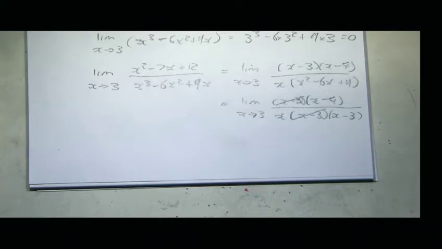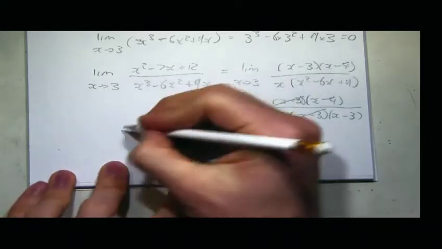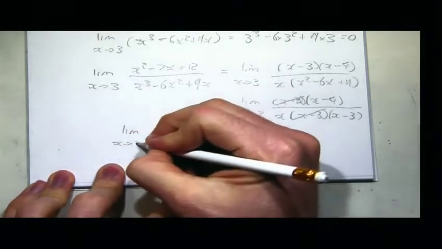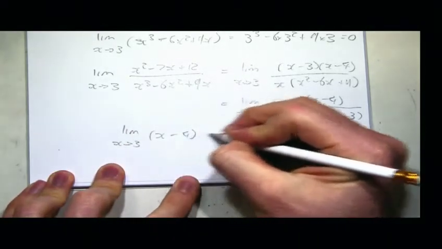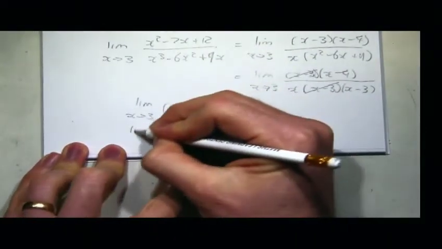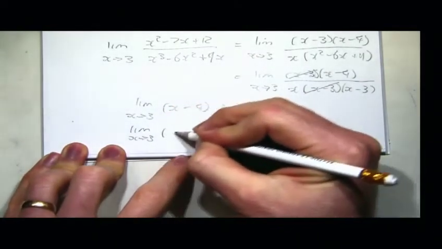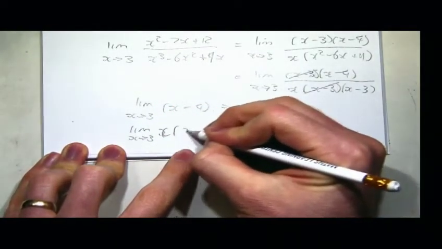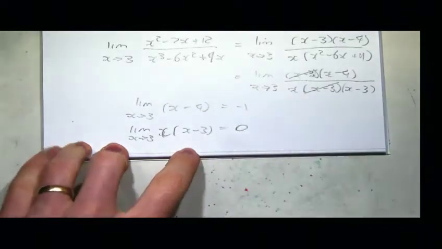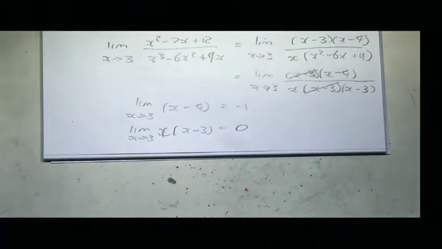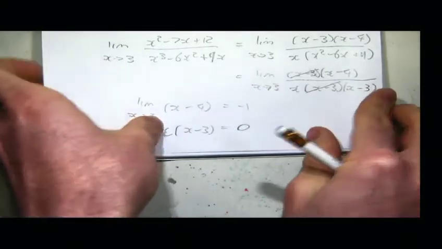And now the limit of the top. So now we've got the limit as x goes to 3 of the top is minus 1, and the limit as x goes to 3 of the bottom is 0, so therefore my limit doesn't exist because the top is not 0, the bottom is 0 and the top isn't.